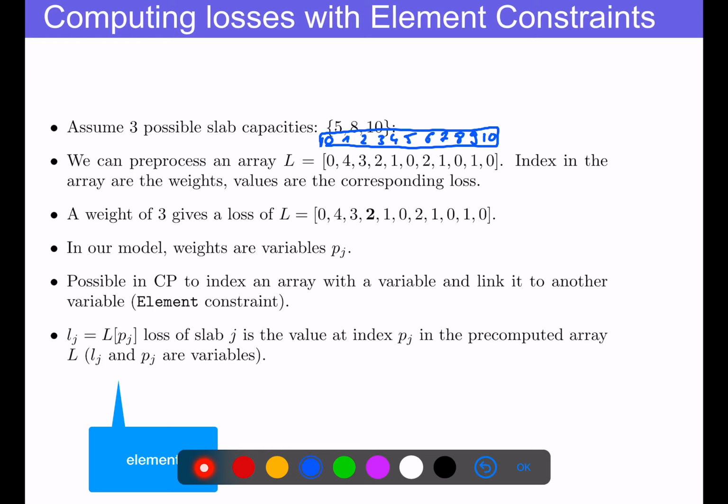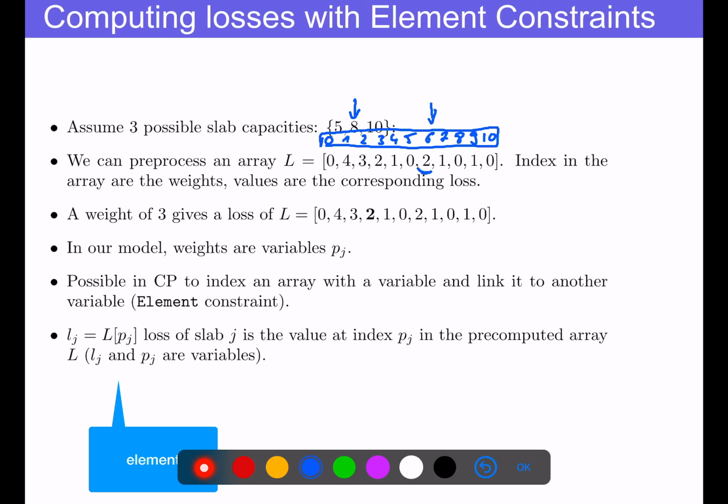Okay? So, assume that the total load of this slab is equal to 6. If the total load is equal to 6, then the slab that will minimize this loss is the one with a capacity of 8. And if you choose the slab of capacity 8 and fill it up to 6, you have a loss of 2, which is represented here.